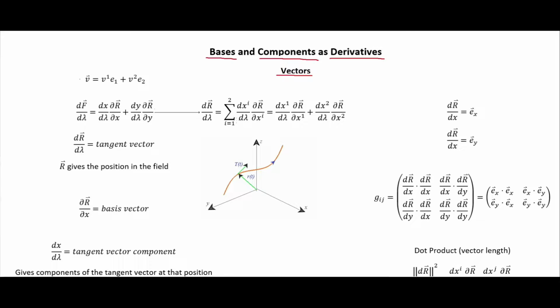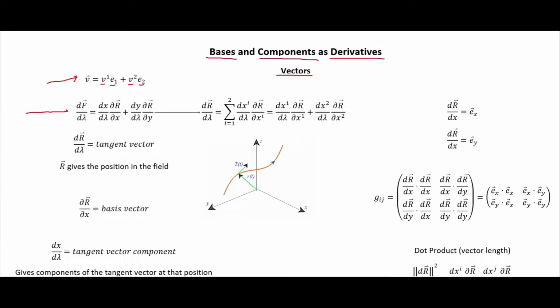I have written here the standard way that we're used to seeing vectors represented as a linear combination of the basis vectors. So the E1 and E2 being basis vectors, the V1 and V2 being the components.